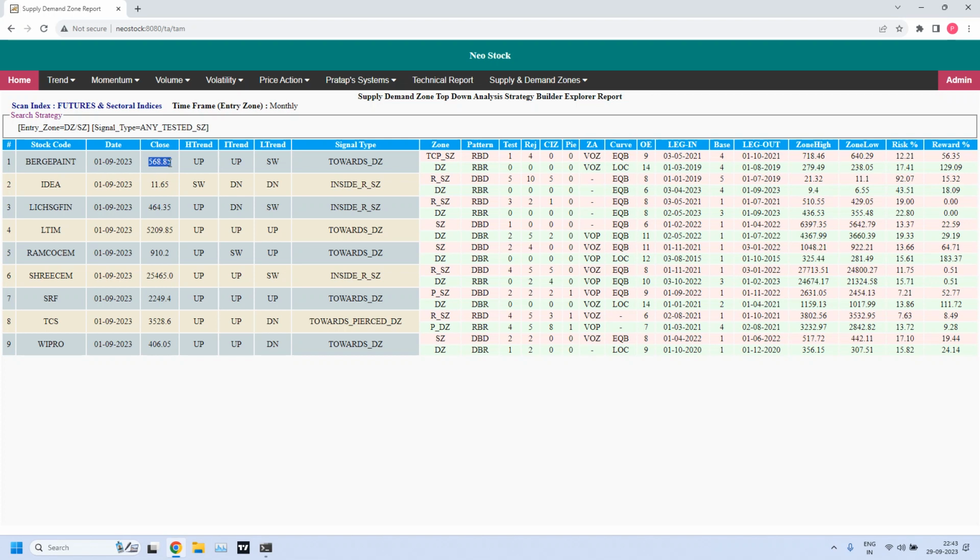This is the monthly closing, the last traded price during this month. So it has given a very good return on each share. That is the power of these high liquidity zones. So very nice.